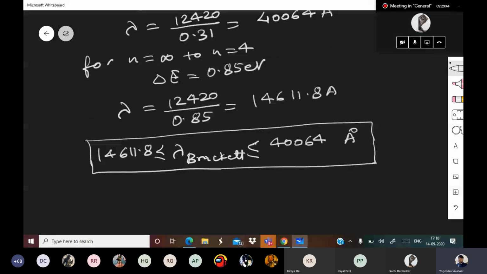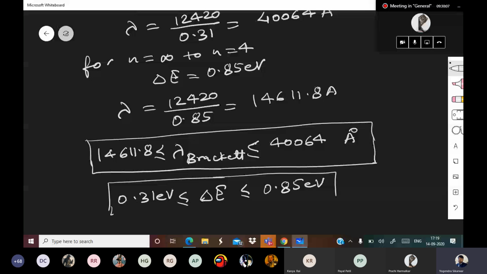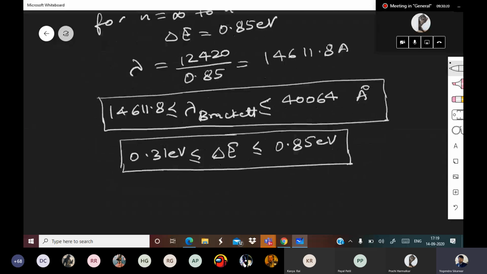Then comes delta E, and delta E is from 0.31 eV to 0.85 eV. All right. We have already talked that this is an infrared region.